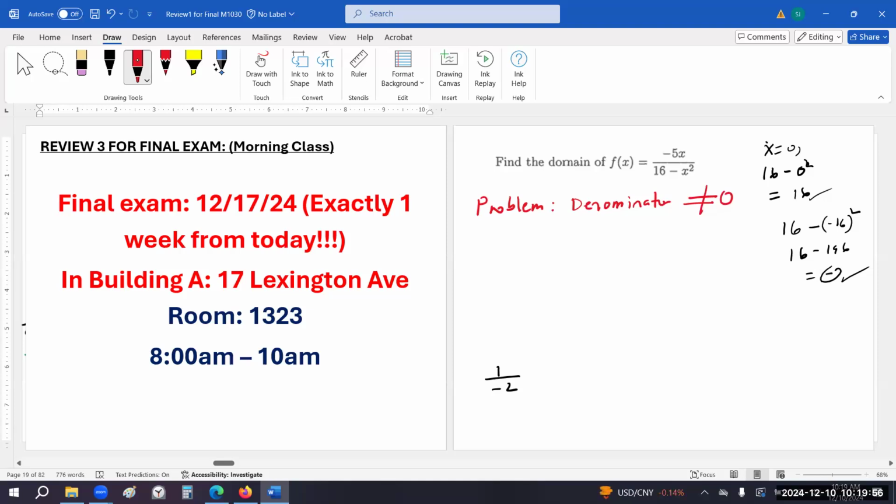It can be positive, it can be negative, but it definitely cannot be 0. So we take this denominator, which is 16 minus x squared, and we said, hey, that denominator cannot be 0. And now we want to see what makes this denominator 0. So we solve for x.